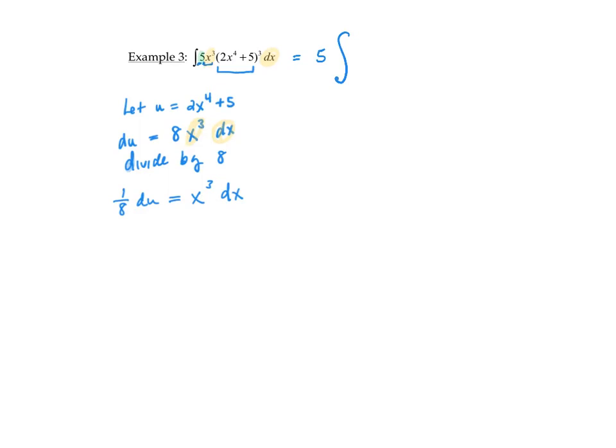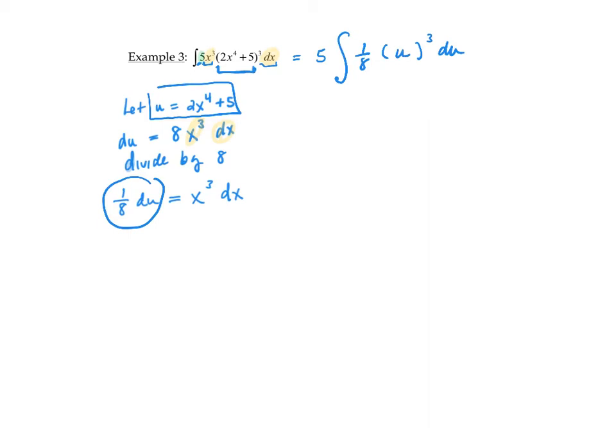The x to the third and the dx are going to be replaced by 1/8 du. So I'm just going to put 1/8 right here for now. Give myself a little bit of space and put du in there. Okay, right in the center, we have 2x to the fourth plus 5, all being raised to the third power. So remember I said let u equal 2x to the fourth plus 5.